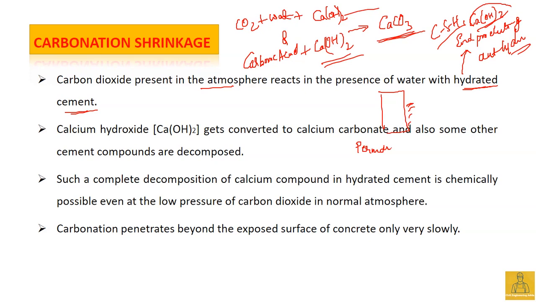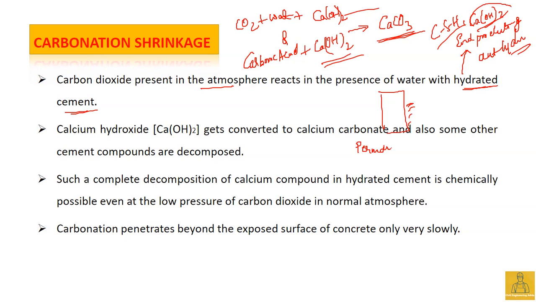So in order to avoid carbonation of concrete and carbonation shrinkage, you need to have concrete with less permeability. If the permeability is high, carbonation is going to happen on a larger scale, and if the permeability is less, carbonation is going to occur at a lower proportion.